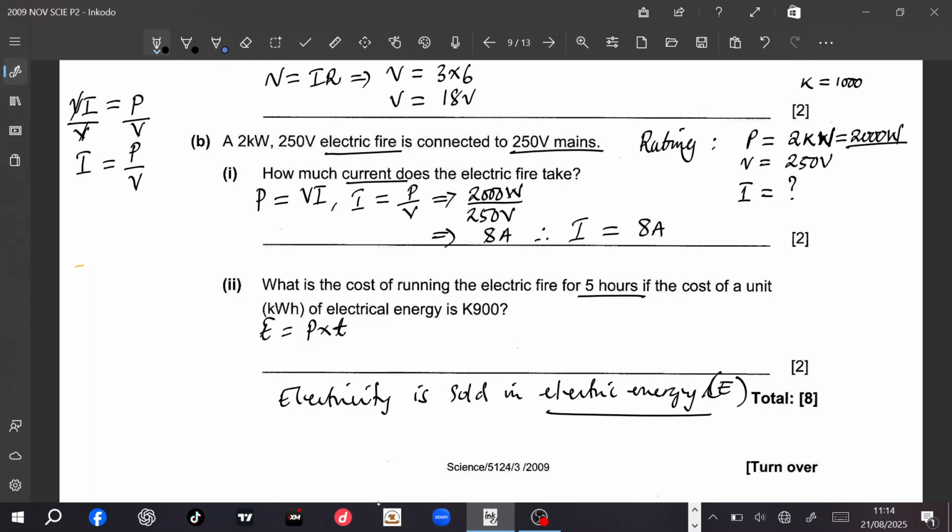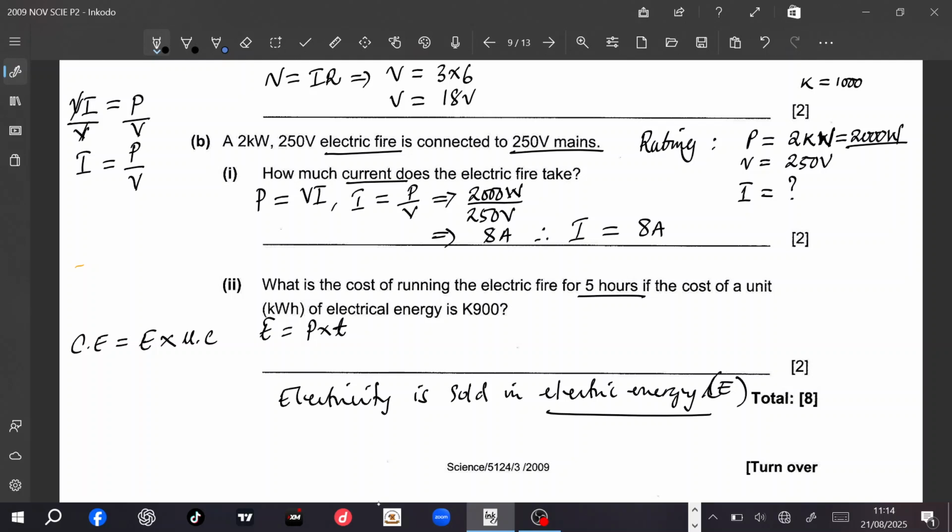If you know electric energy is power times time, then how about cost? I always abbreviate: cost of using electric energy is equal to electric energy you have used times what I call unit price or unit cost. You can say cost of electricity is equal to electricity used times U, where U is unit and C is cost.